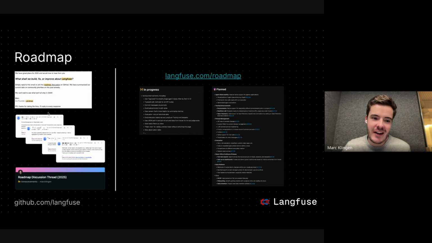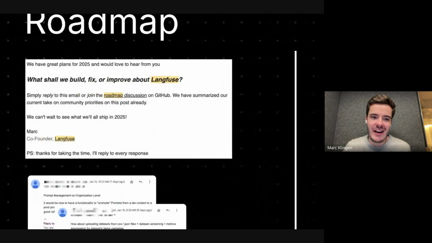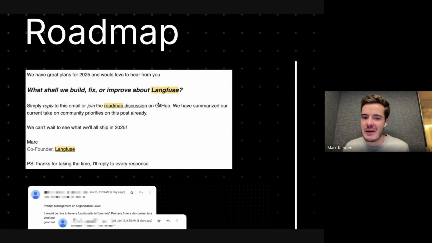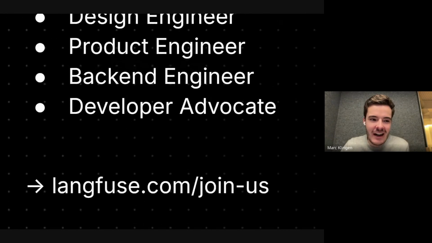Earlier this year, we sent around a short email asking what we should build, fix, or improve about Langfuse, because we heard that it works extremely well to gather feedback from folks at, for example, Recent or Greptile or other dev tool companies, who mentioned they got hundreds of responses, and we did too.